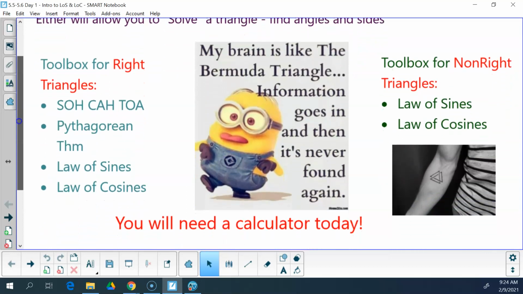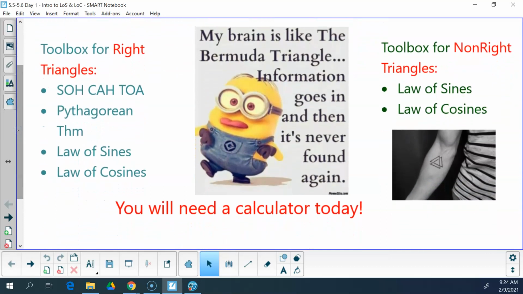We have tools in our toolbox for right triangles: SOHCAHTOA, Pythagorean theorem. We can use the law of sines and the law of cosines in right triangles, but we don't need to because we've got SOHCAHTOA. It's much easier. But for non-right triangles, we only have the law of sines and the law of cosines. So we're going to work on that today.